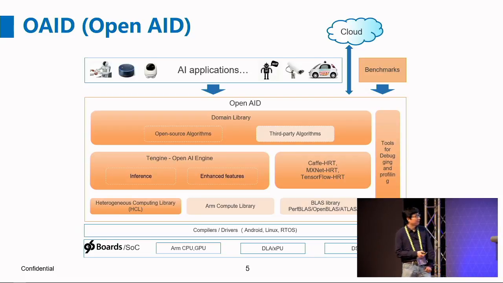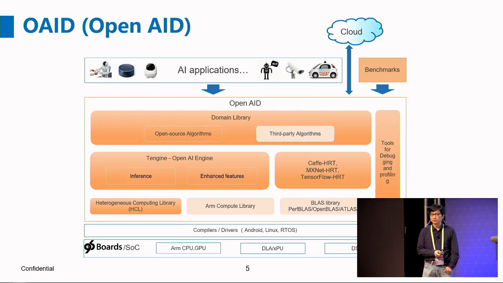Caffe, whatever Caffe HRT, MXNet HRT, or TensorFlow HRT, or our T-Engine, they not only support this open source library, also support our own library. It's HCL, heterogeneous computing library. This library is based on ARM computer library.